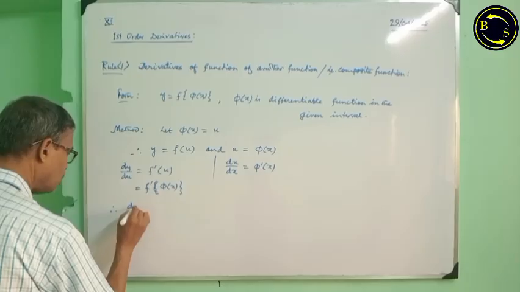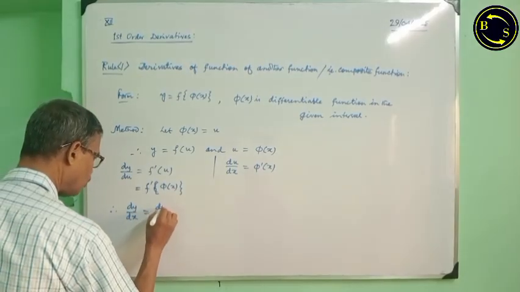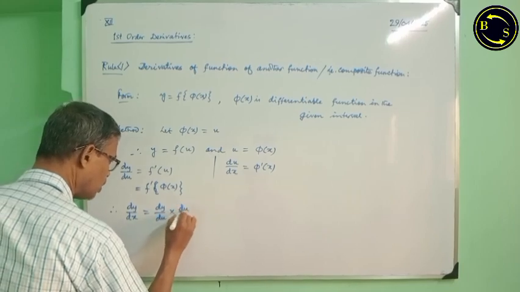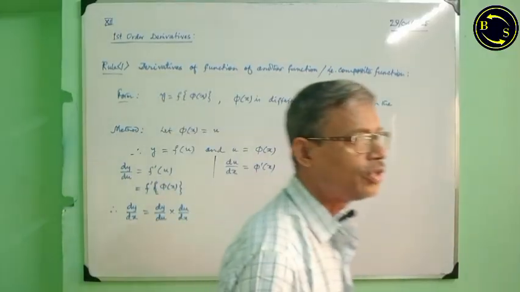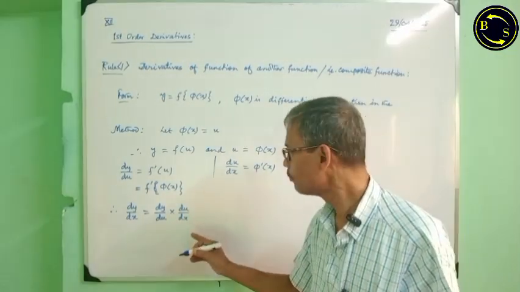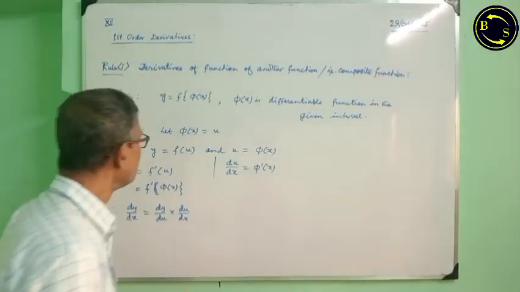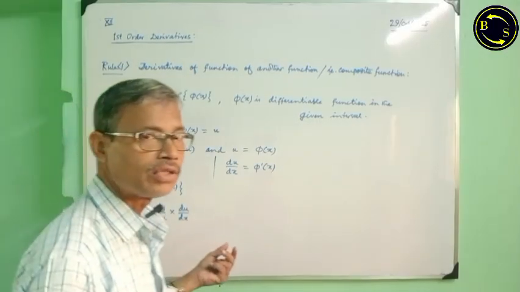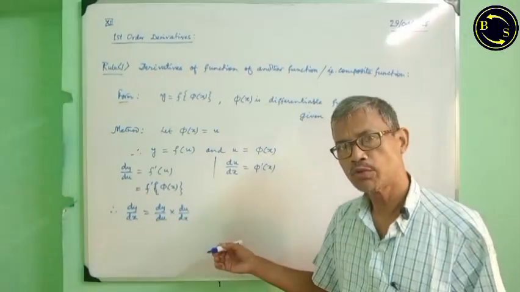Therefore, dy/dx is equal to dy/du into du/dx. The proof is not in the syllabus, that is not in our scope, but it can be proved.